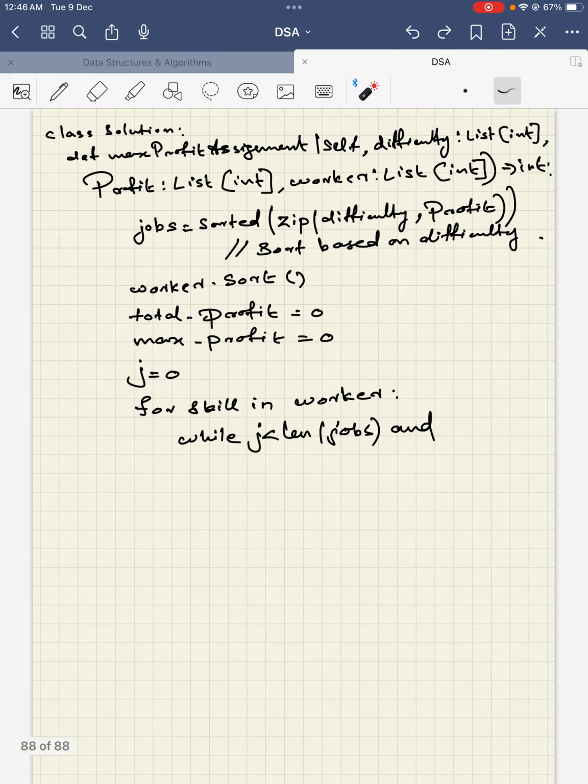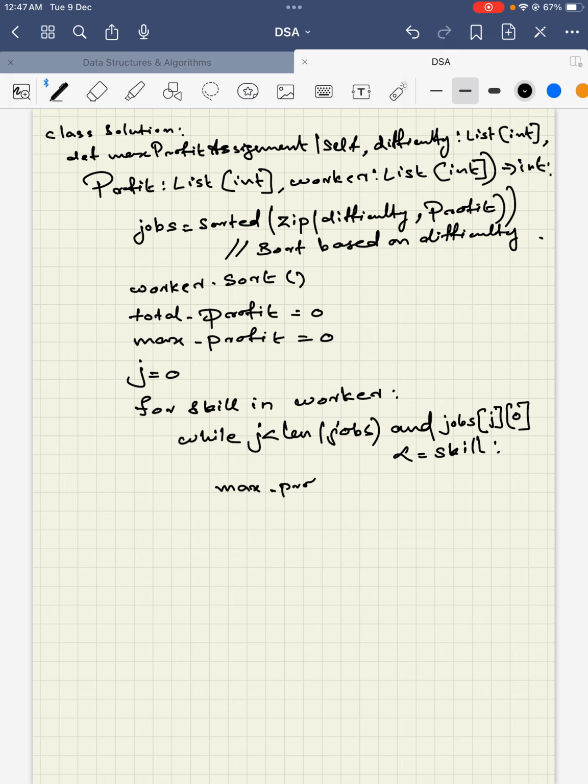And it is only possible if jobs of j zero, that is nothing but the difficulty level, is less than or equal to the skill. In that case we can update the maximum profit. Max profit equals maximum among the max profit, comma, jobs j one.